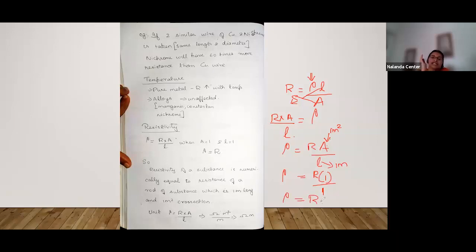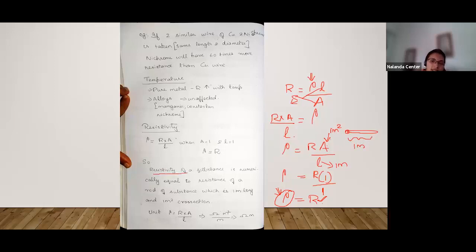So the resistivity or specific resistance of a substance is the resistance of the substance when the conductor is taken with area of cross section as 1 meter square and the length as 1 meter.